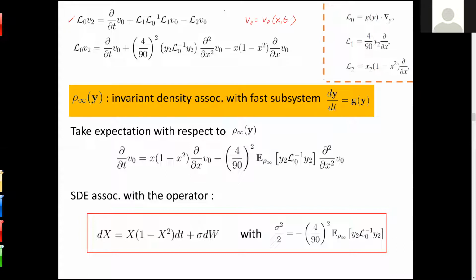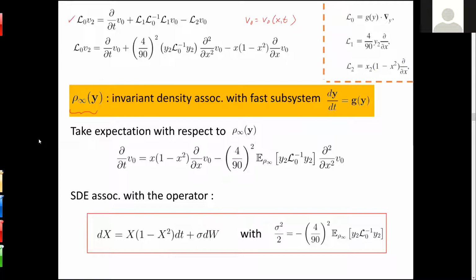We haven't done the averaging part in homogenization, the expectation part when you talk about stochastic homogenization, because we will be taking the integral with respect to an invariant density function. Our system is special in the sense that the fast subsystem has an invariant density function, rho infinity.